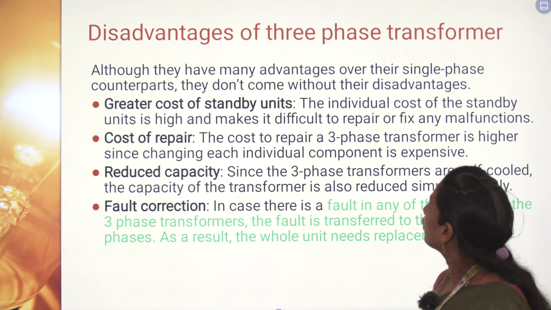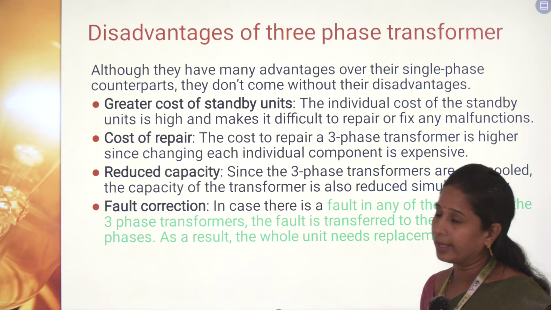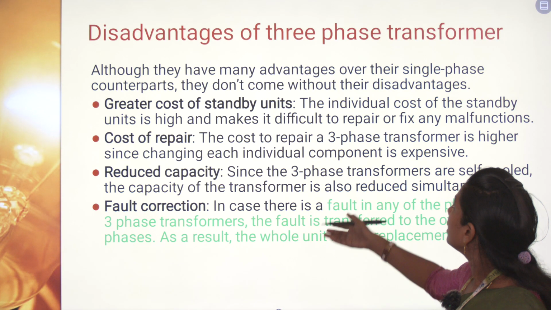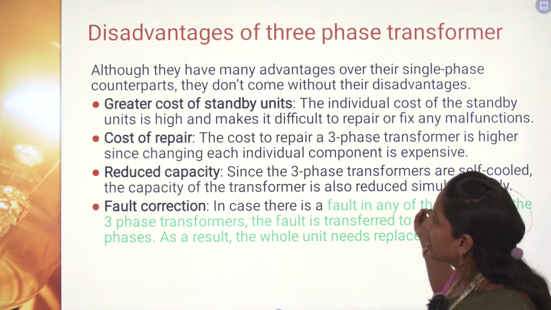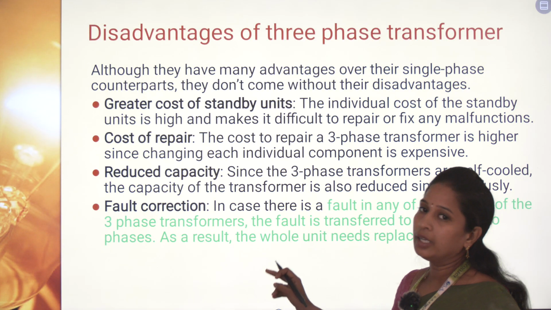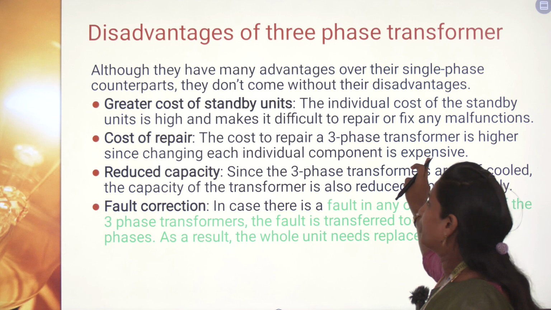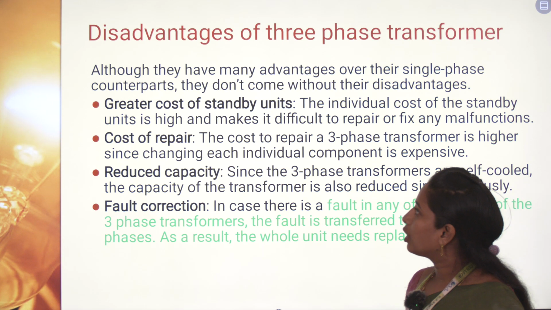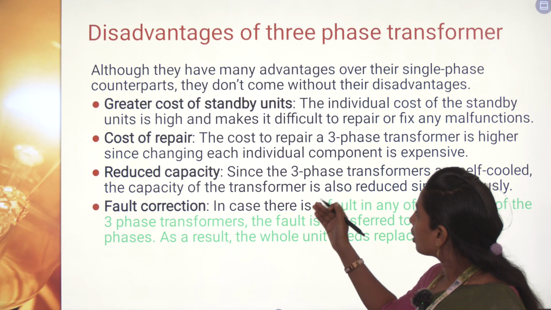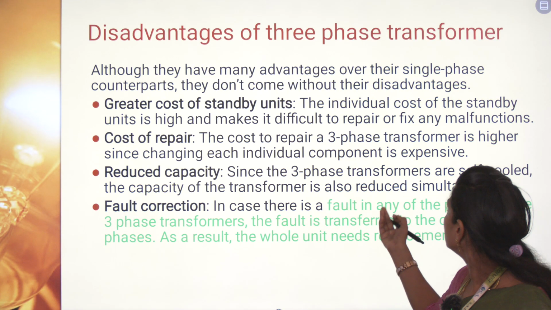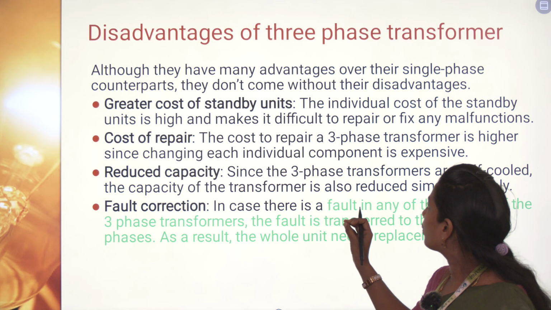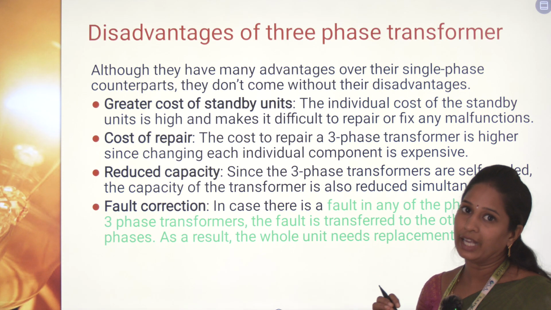A three-phase transformer has disadvantages like a greater cost of standby units. The individual cost of the standby unit is high, which makes it difficult to repair or fix any malfunctions. Also the cost of repair: the cost of repairing a three-phase transformer is higher, since changing each individual component is very expensive.